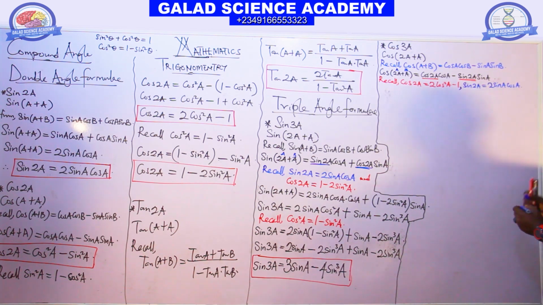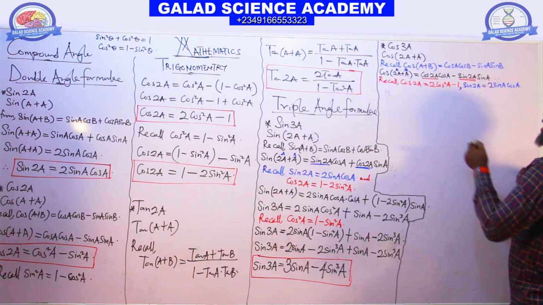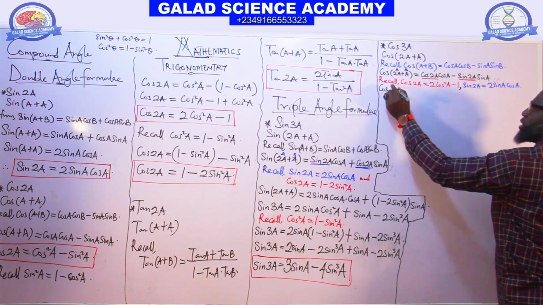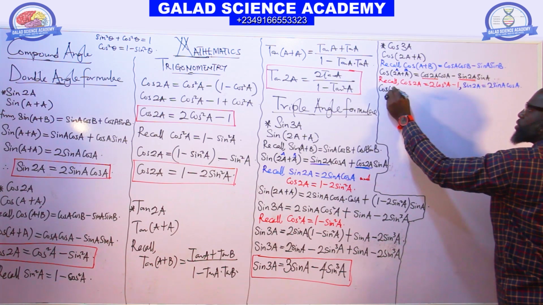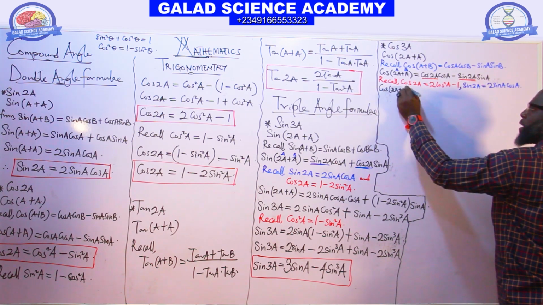So please let us substitute for each value here. So you will now have cos of (2A + A).